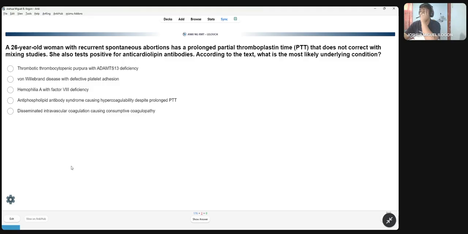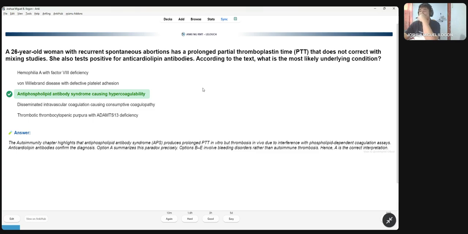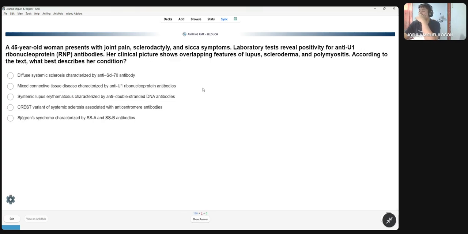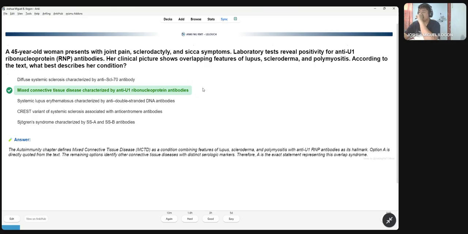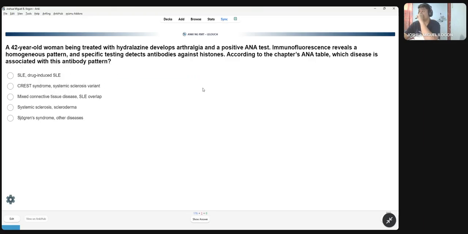It's not ADAMTS13, that would be your antiphospholipid antibody syndrome. Yeah, anything antiphospholipid. Right, positivity for anti-U1, that would be your mixed connective tissue disease. Alright, mixed connective tissue disease, anti-U1.